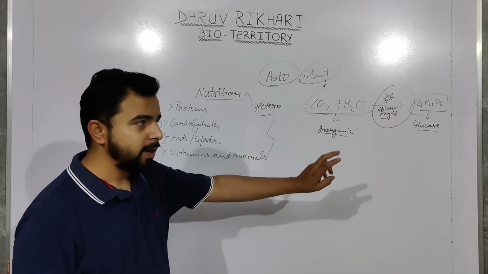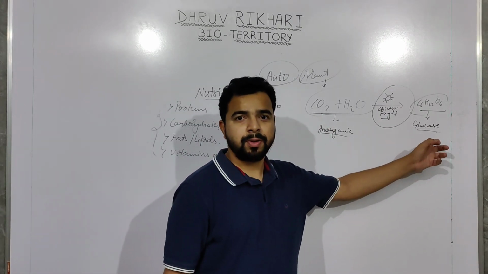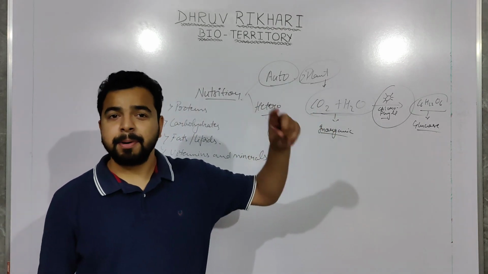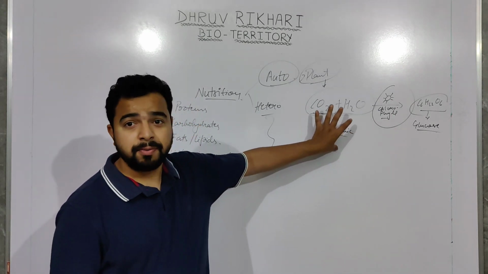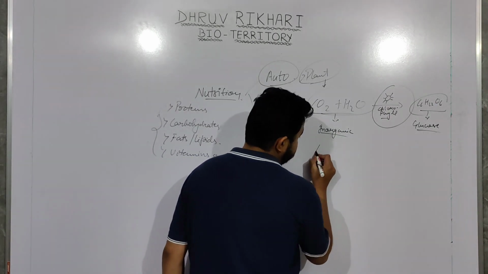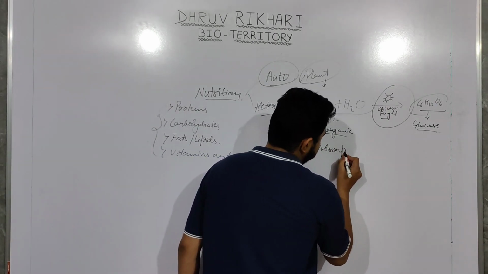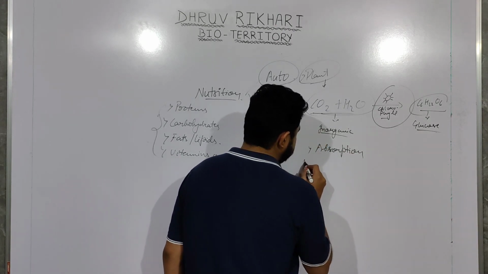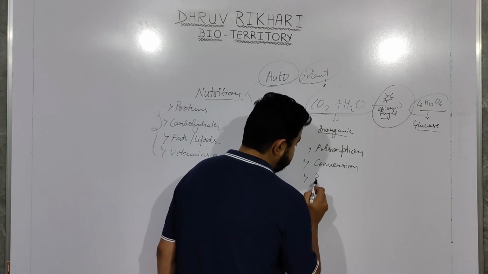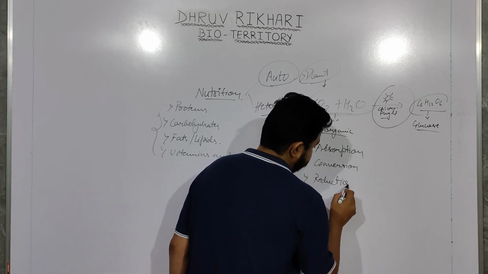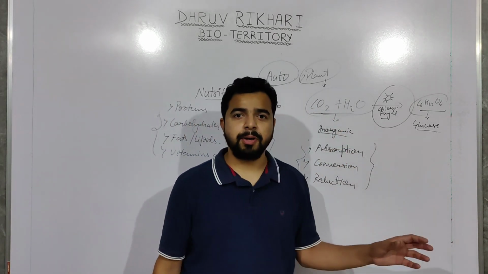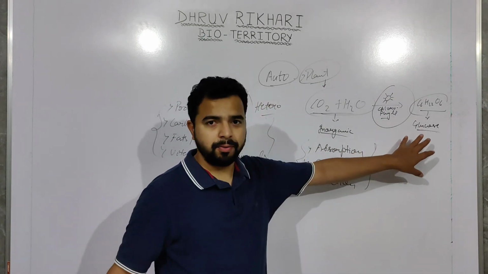So this source of carbohydrate is coming from the process of photosynthesis, and they are able to perform photosynthesis in the presence of inorganic molecules, and the steps involved in the photosynthesis process are absorption, then conversion, and third one is reduction.